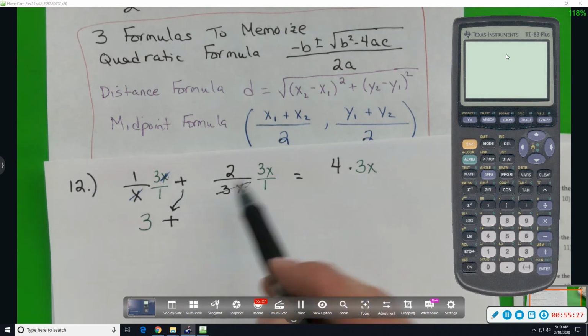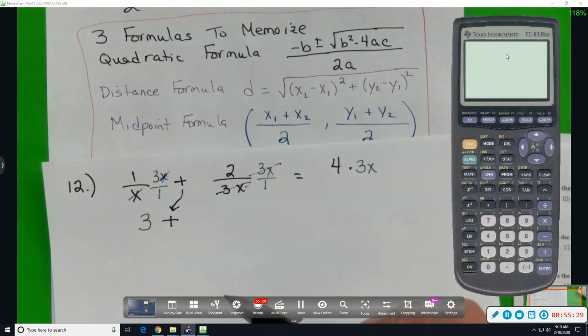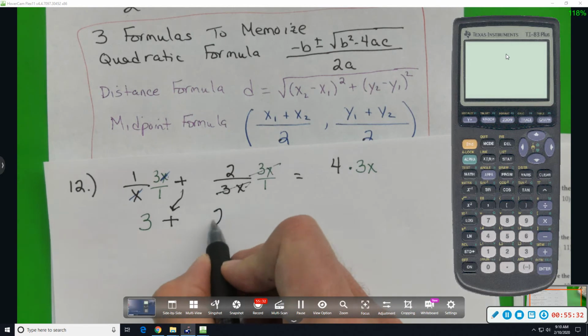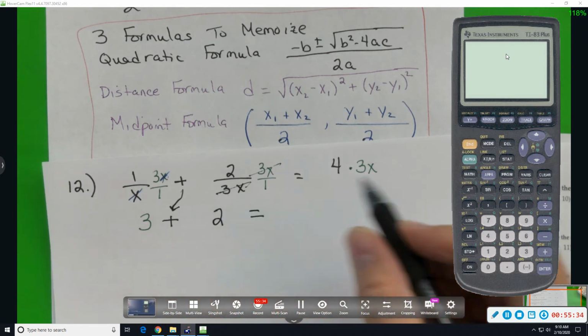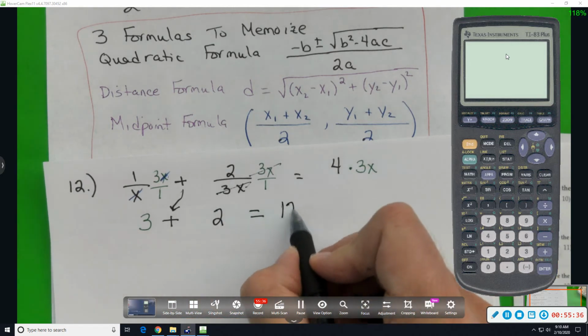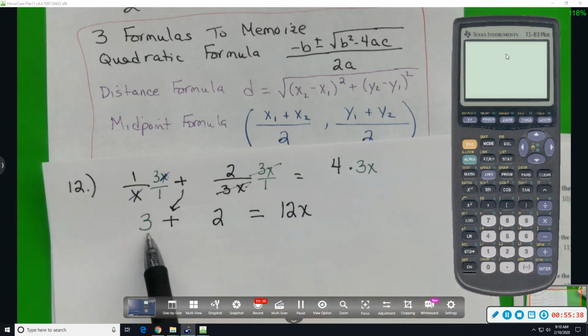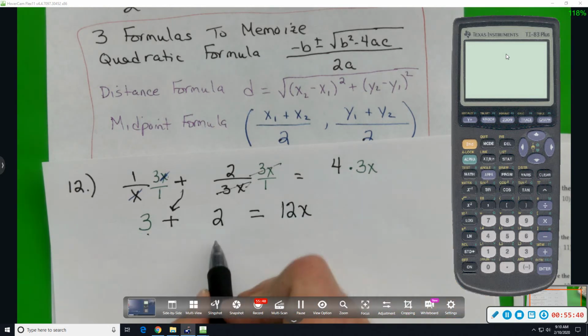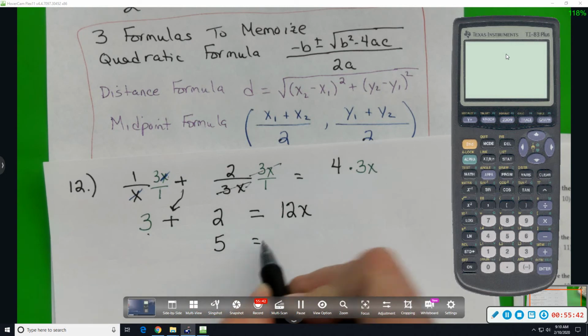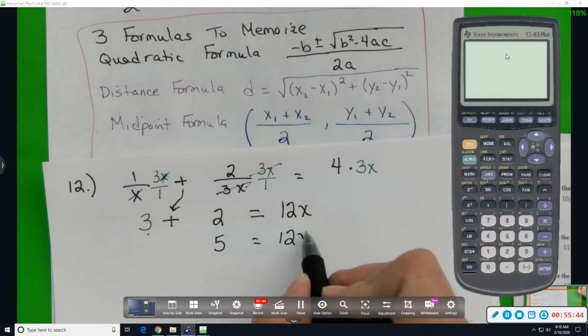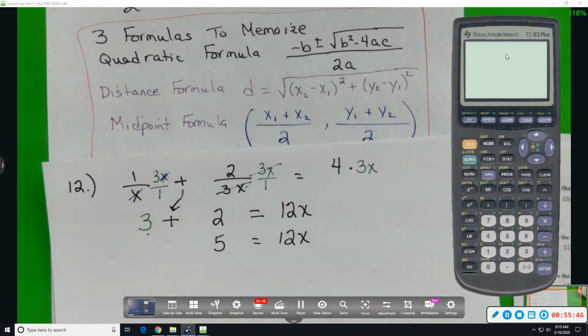Here the 3x cancels with that green 3x, so we just have a 2, 12x. I can go ahead and add 3 plus 2 is 5. Oh heck, how did this problem make it on there? After everything we've been doing, this one falls out pretty quickly, doesn't it?